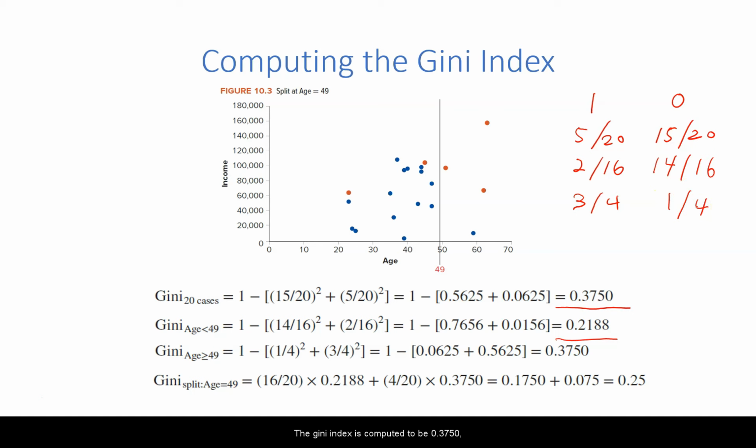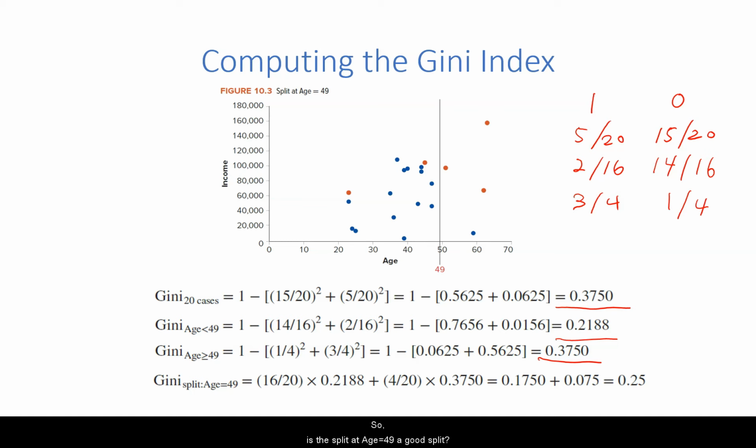The Gini index is computed to be 0.3750, which is the same as the original 20 cases, suggesting that the purity of this subset neither increased nor decreased from the original dataset.